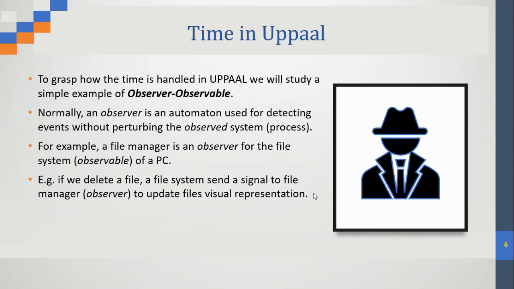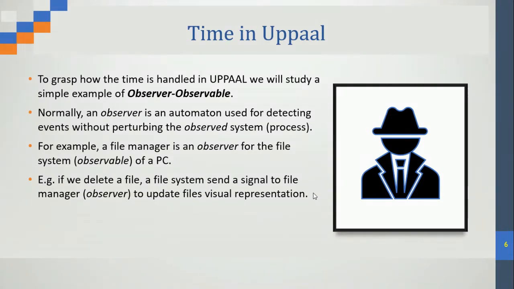So as we say, we try to learn how we can control the time, or how the time works, using an example. The example is observer and observables. As I explained, the observer is software that detects events from another software.